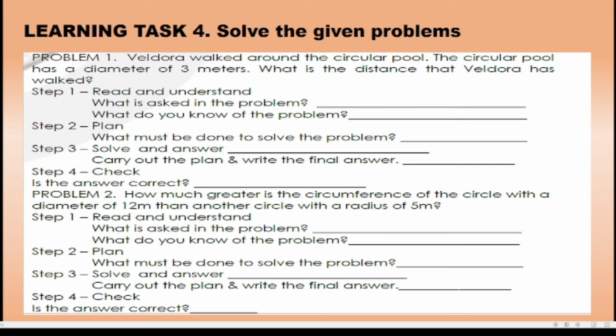Read and understand what is asked in the problem. What do you know of the problem? Step 2. You may plan what must be done to solve the problem. Step 3. Solve and answer. Carry out the plan and write the final answer. Step 4. You may check. Is the answer correct? The same with problem number 2.